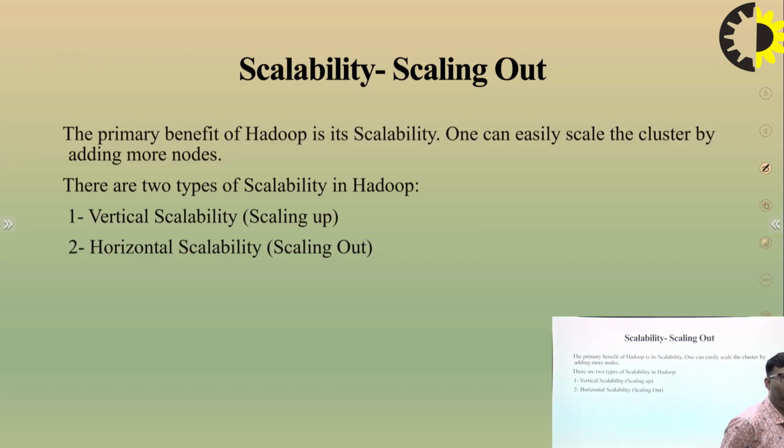So the primary benefit of Hadoop is scalability. One can easily scale the cluster by adding more nodes. So here we will use two types of scalability in Hadoop: vertical scalability and horizontal scalability.